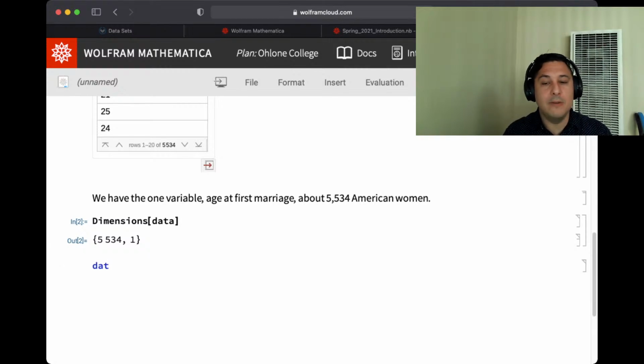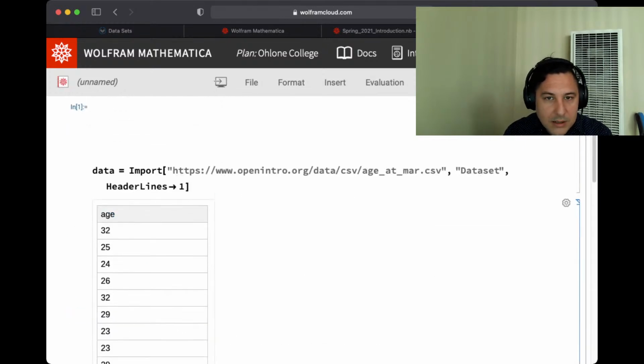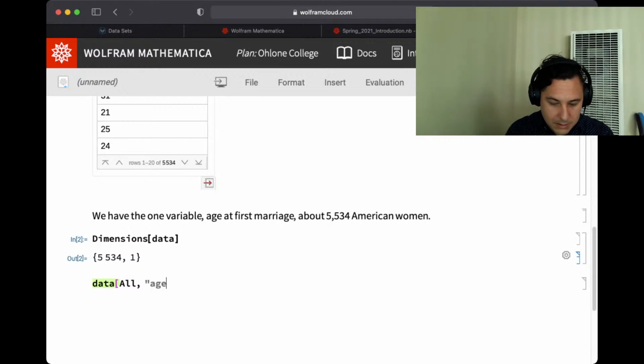The way you have it calculate the mean is pretty straightforward. Here's my data. I want all of the rows, and my variable is called age. I'm telling it, take my data about all of those people, and here are their ages, and what you do is you put // Mean, and it will calculate it for you.